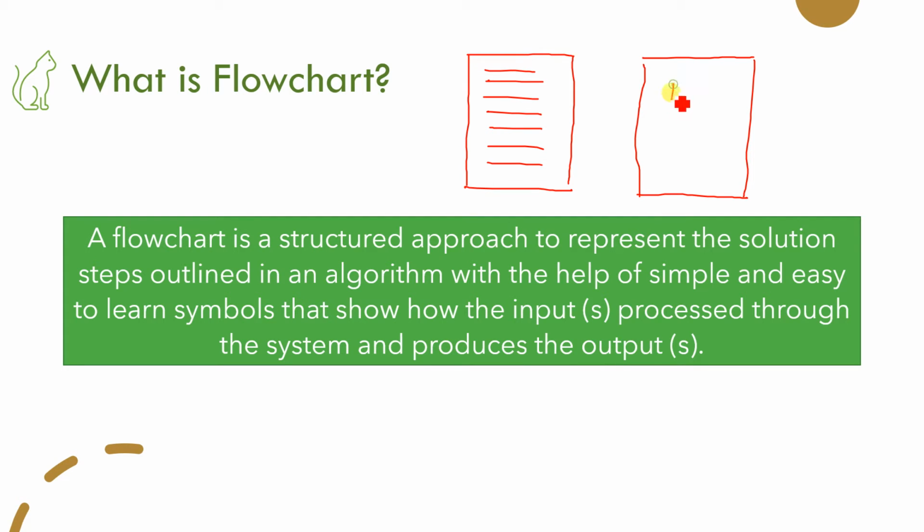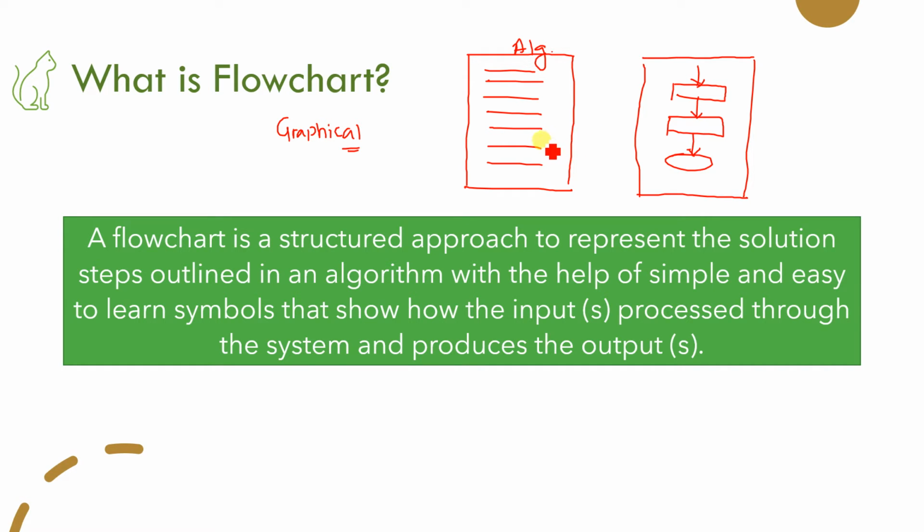That means whenever data is given to the algorithm, how the process gets executed and how the flow goes through the steps, we show in a graphical representation. A flowchart is a graphical representation of all the steps involved in an algorithm. That is the proper definition of a flowchart.